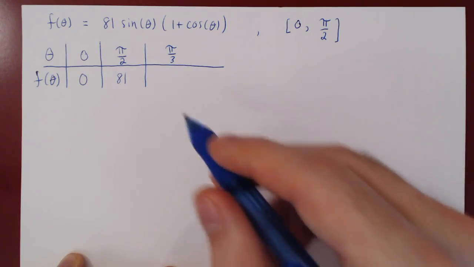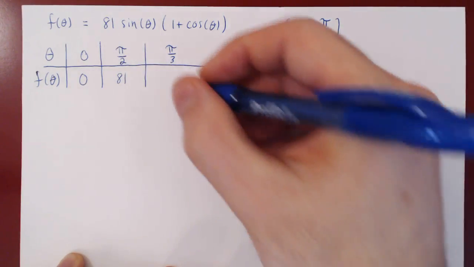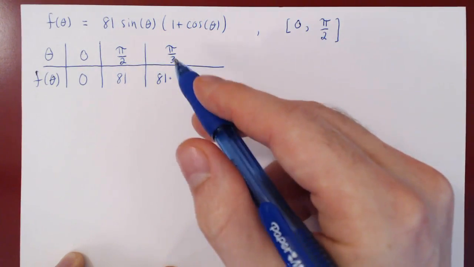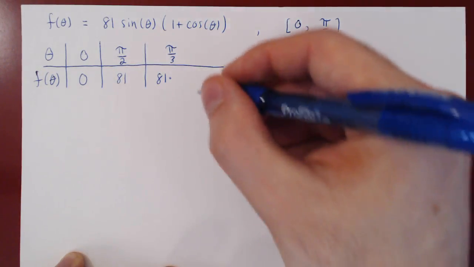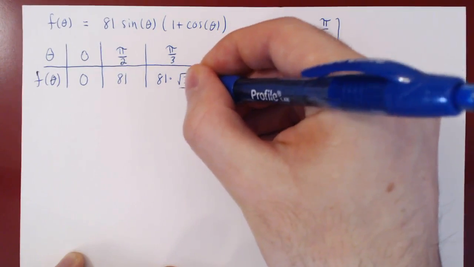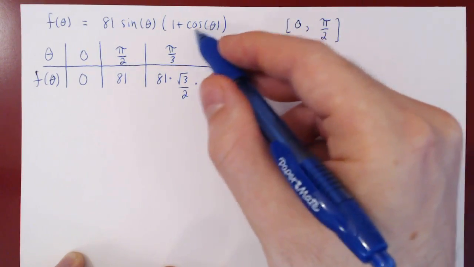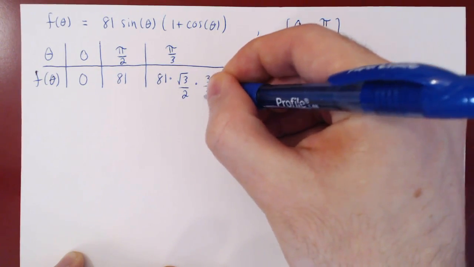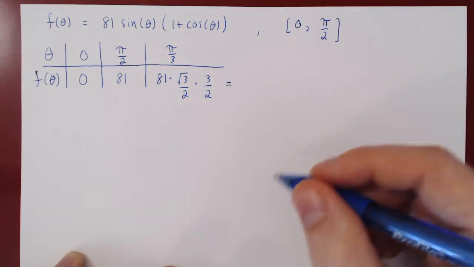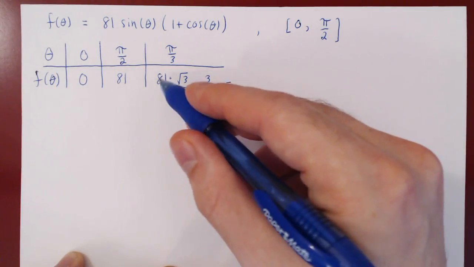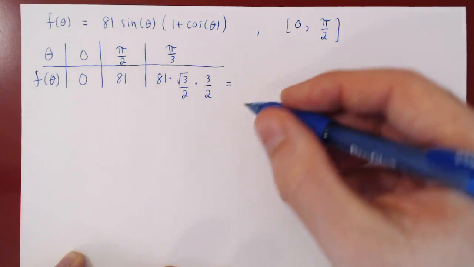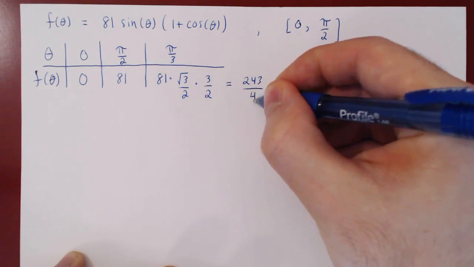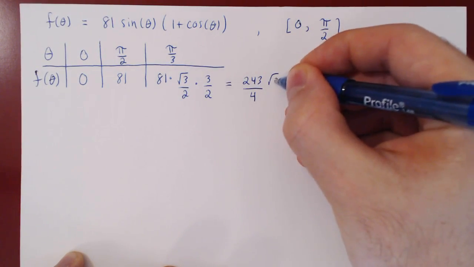Well, let's see. We have 81 times, if you remember, sine of pi over 3 is root 3 over 2, times, cos of pi over 3 is 1/2. 1 plus 1/2 is 3/2. So you get 3 over 2. And this, if you do 3 times 81, 3 times 80 is 240, plus 3 times 1, 3, so it's 243, divided by 2 times 2, 4, times the root of 3.